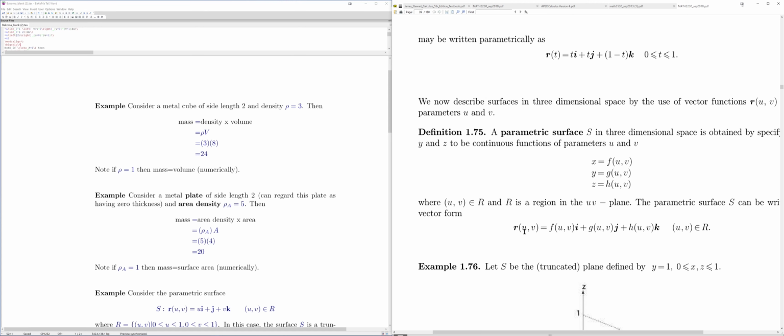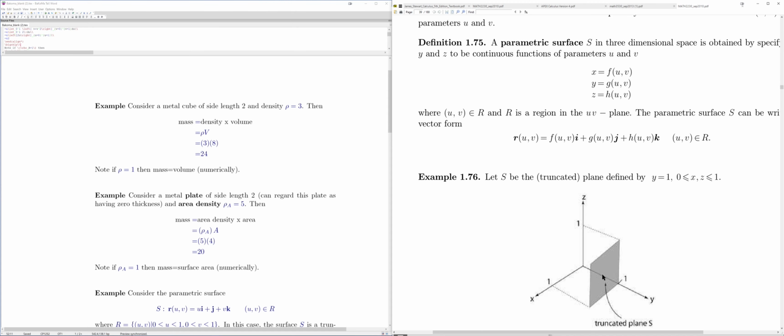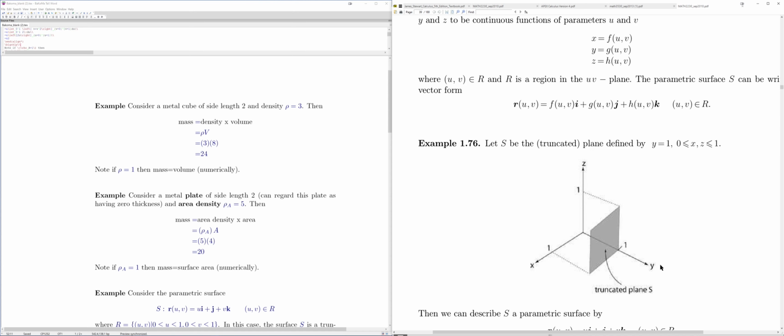In this vector form, you're specifying the x component, y component, and z component, and the u and v need to lie in a region R. A parametric surface would give you some surface that's floating around in three-dimensional space like this.